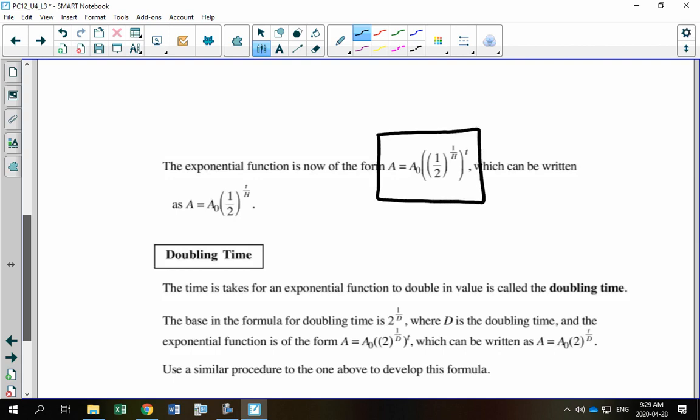In terms of what everything represents, A0 will be your initial, A will be your final. Half-life means that it's decay, so this is decay because it's between 0 and 1.